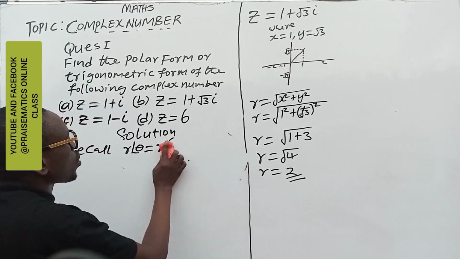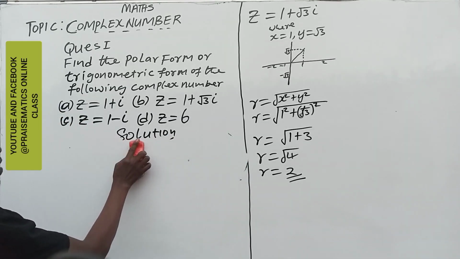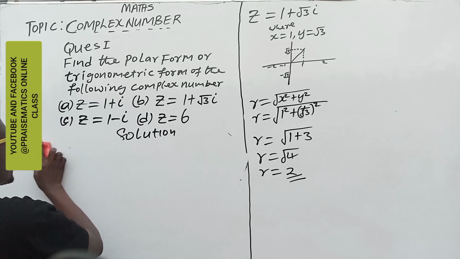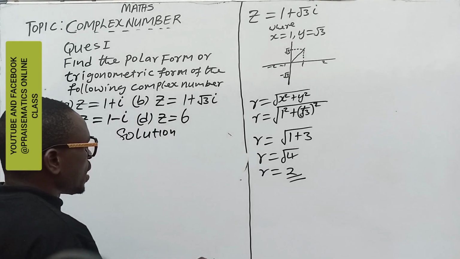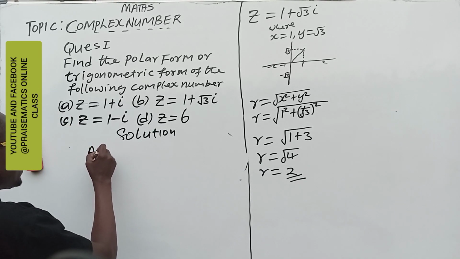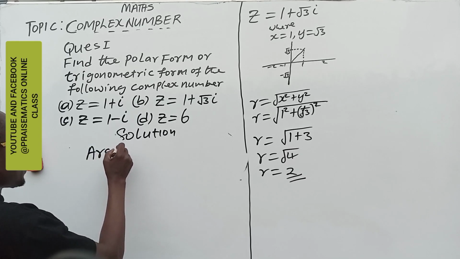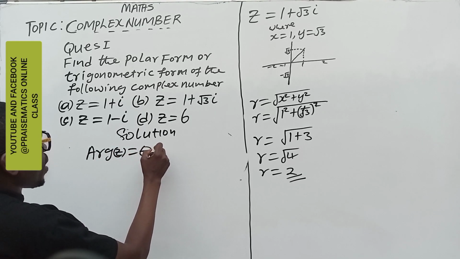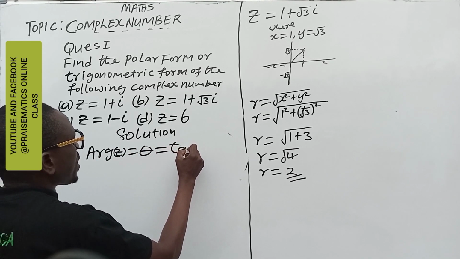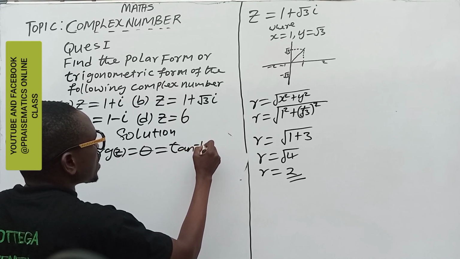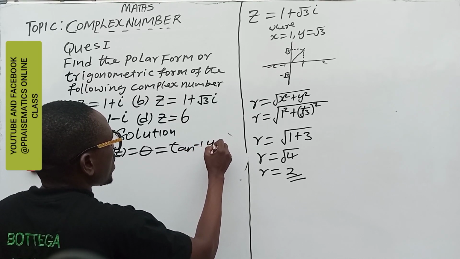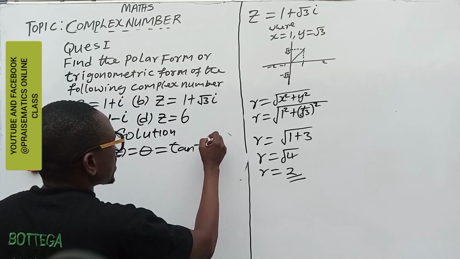Okay, now let's continue here. After finding the modulus, we look for the argument, arg z. Our arg z is equal to theta, which is equal to tan inverse of y over x.